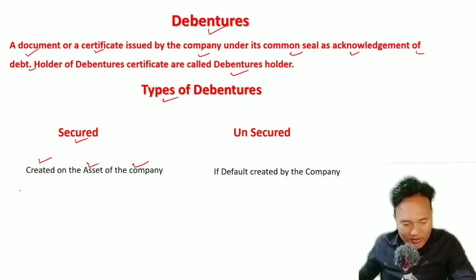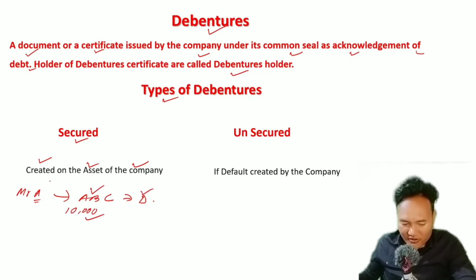For example, Mr. A has invested money in ABC company in the form of debentures. Mr. A will invest money, for example, of rupees 10,000 in ABC company in the name of debentures, against collateral securities.